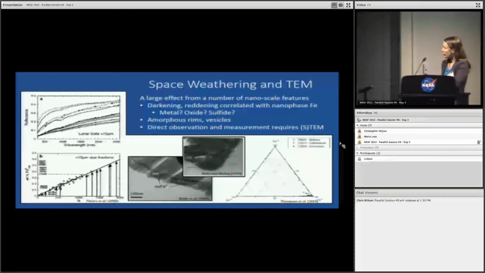And then this is very recent work from this year's LPSC, where Michelle Thompson has started doing EELS measurements of these nanophase iron grains and seeing that some of them are oxidized. It seems to correlate with maturity.